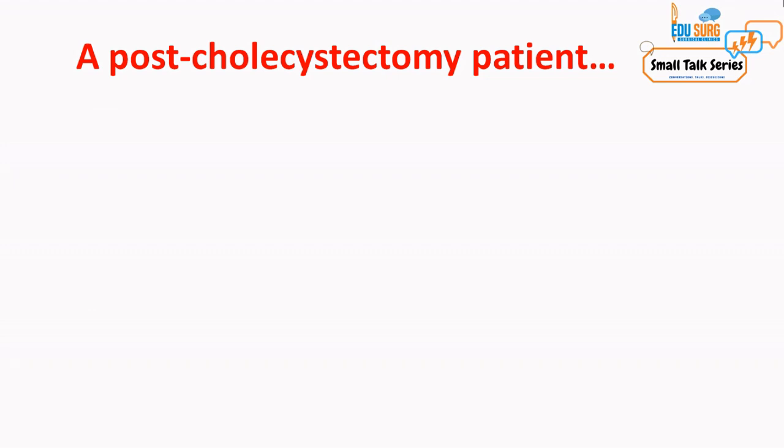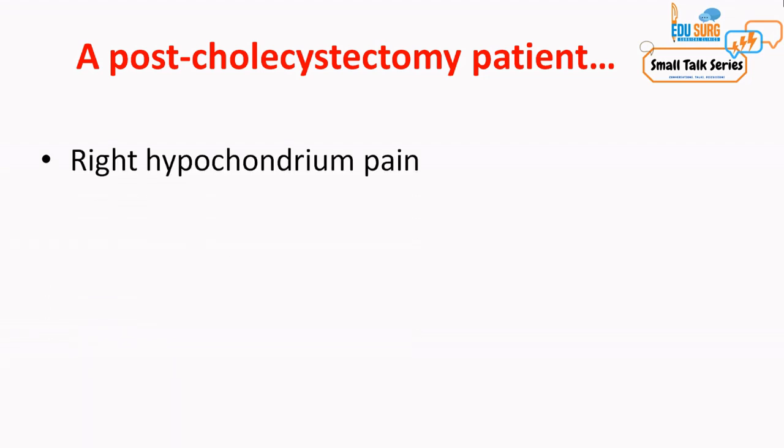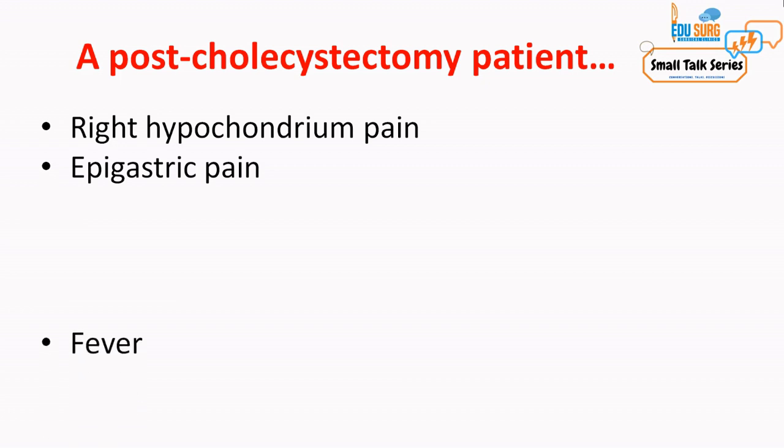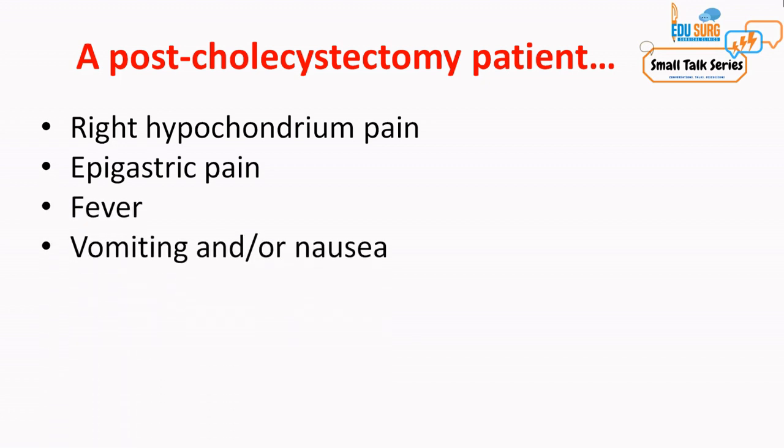So now let us see the biliary etiology first. So whenever a post-cholecystectomy patient presents with right hypochondriac or epigastric pain with or without fever, vomiting and or nausea, remember that these may be the symptoms which are present before cholecystectomy and now presenting again.